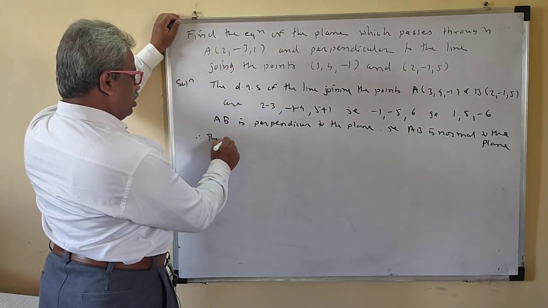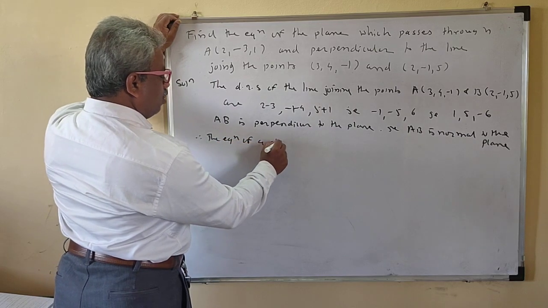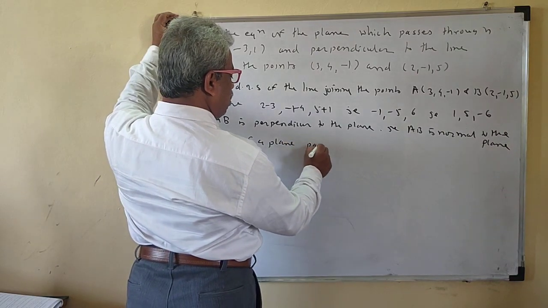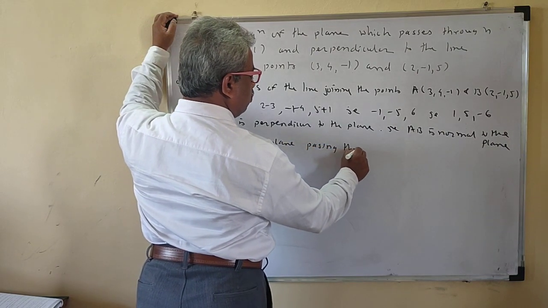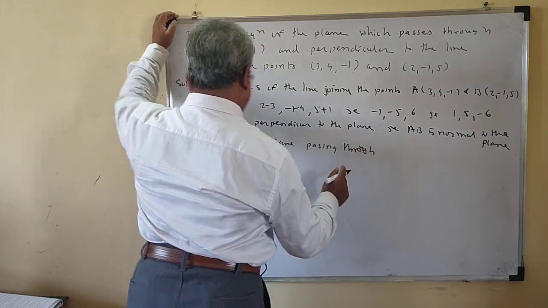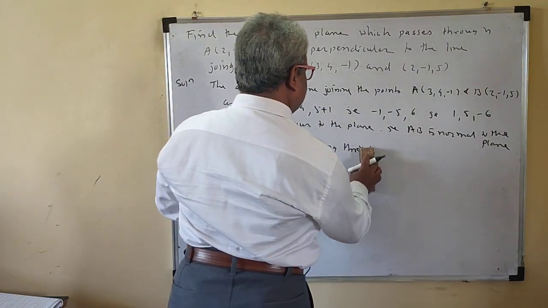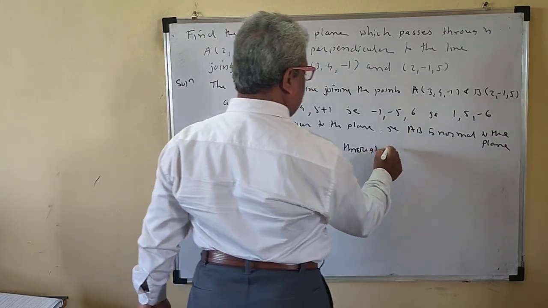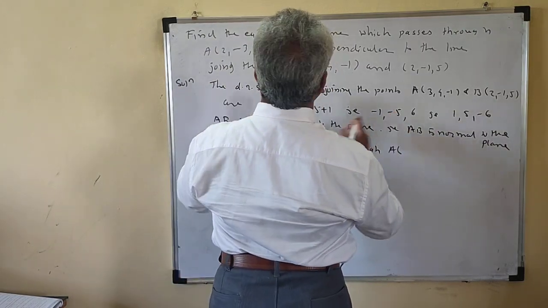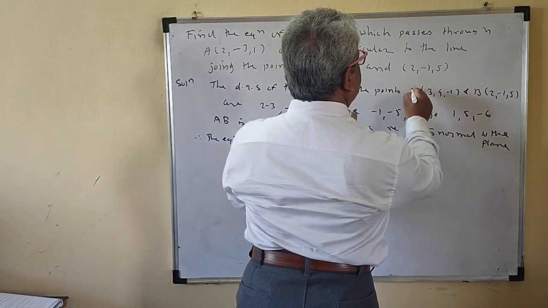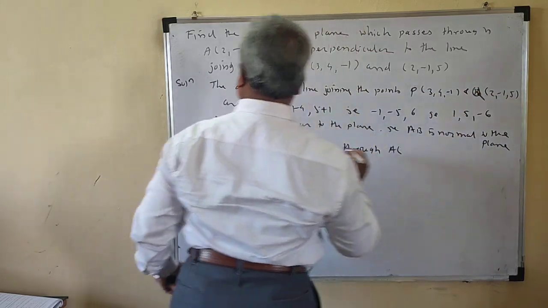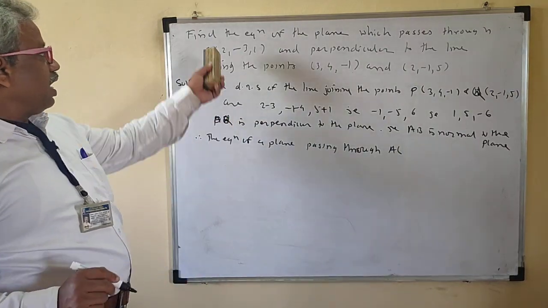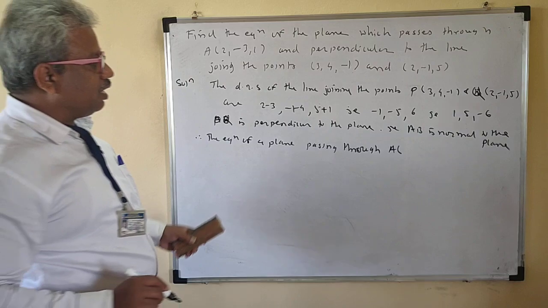Therefore the equation of a plane passing through A, and since this A is already given, we'll write the points as P and Q here.